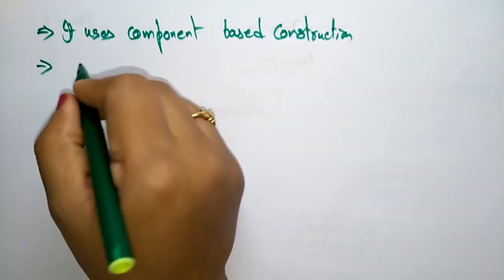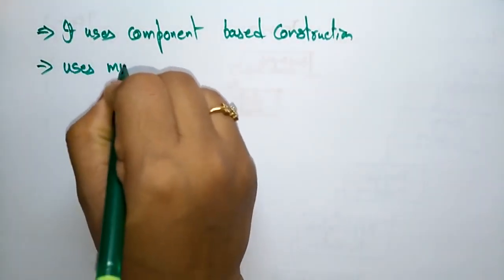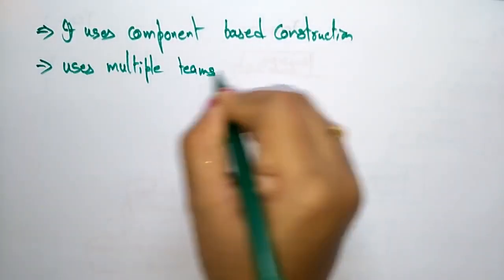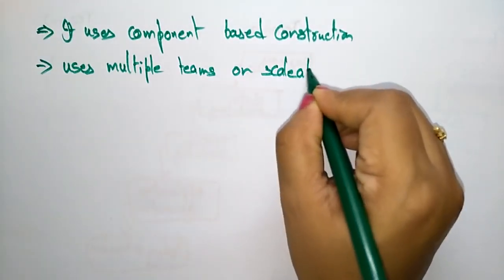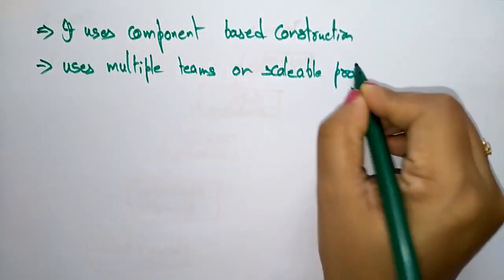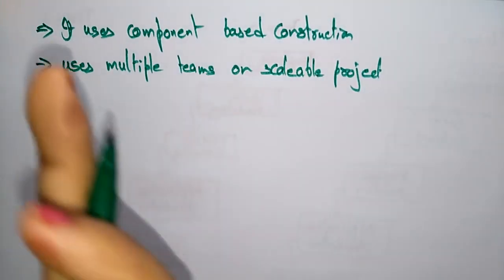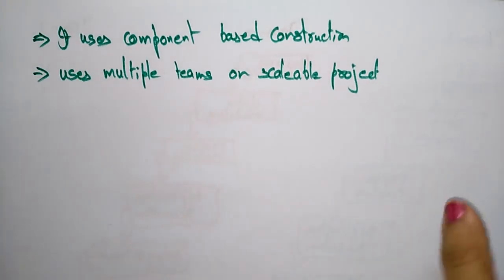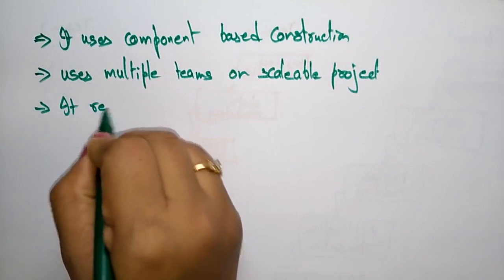And next, it uses multiple teams on scalable projects. So this RAD model uses multiple teams, team 1, team 2, team 3, like that, on scalable projects.